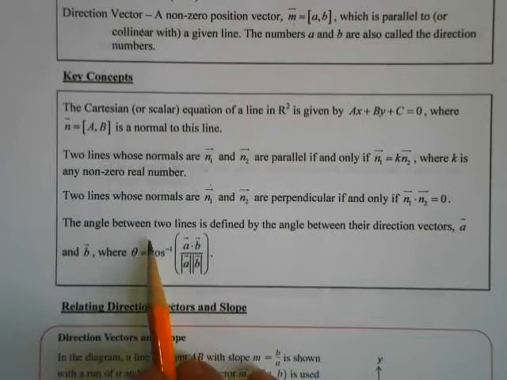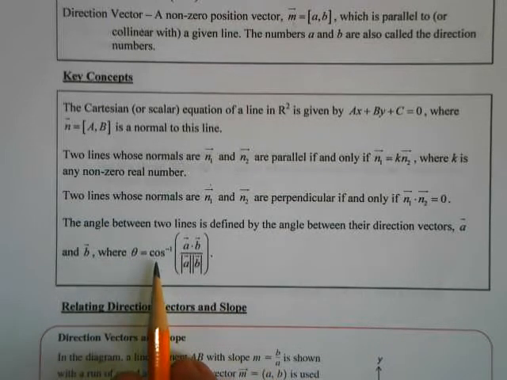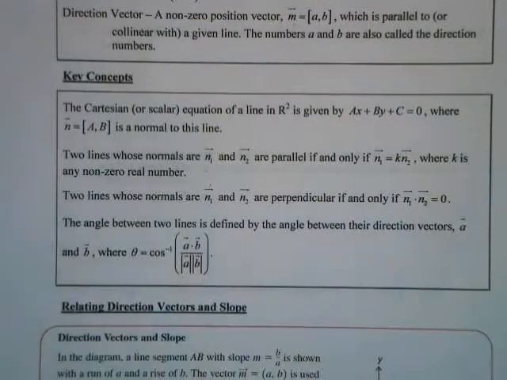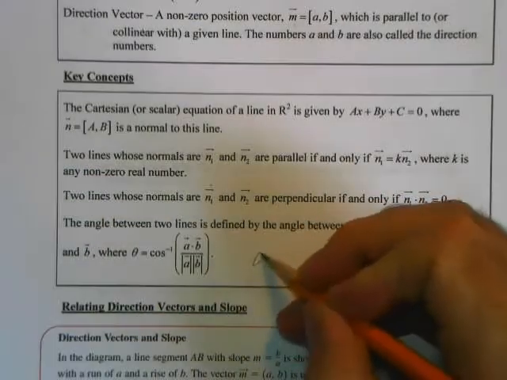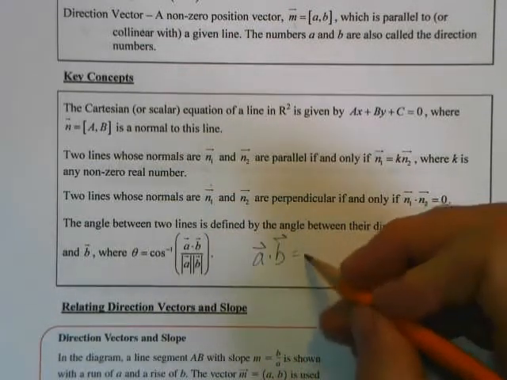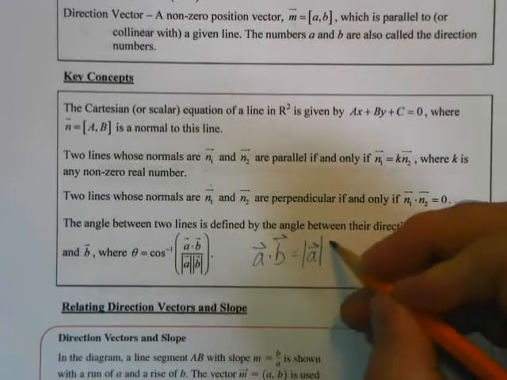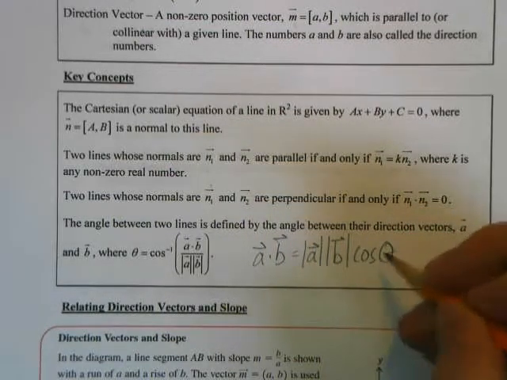And here's our old friend, the formula to calculate the angle between two lines. This came from when we were taking the geometric perspective of the dot product. The original formula was A dot B is equal to the magnitude of A times the magnitude of B times the cosine of theta, which is the angle between them.